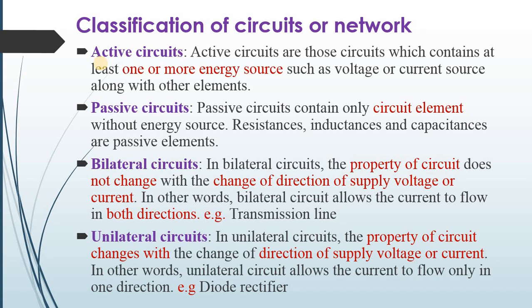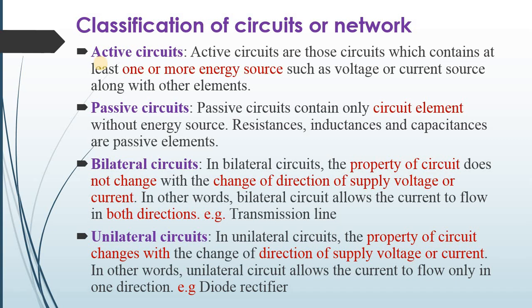Active circuits are those circuits which contain at least one or more energy sources, such as a voltage or current source, along with the other elements. This is called an active circuit. A passive circuit contains only circuit elements without an energy source. That means it contains only resistances, inductances and capacitances.